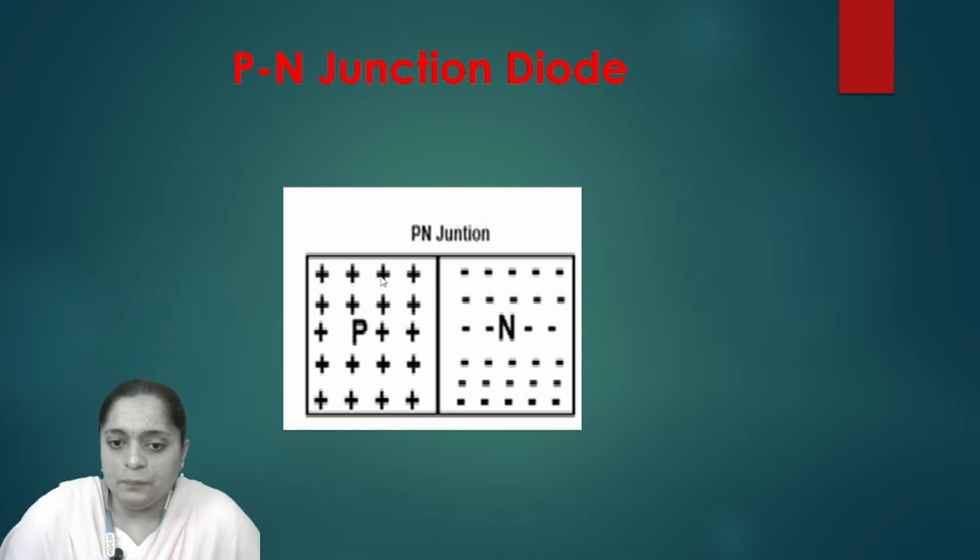P-type material is represented by a positive sign and n-type material by a negative sign. These are the basic points regarding the PN junction. So once again, when p-type semiconductor material is connected together with n-type semiconductor material, a junction is formed. That junction is known as a PN junction.